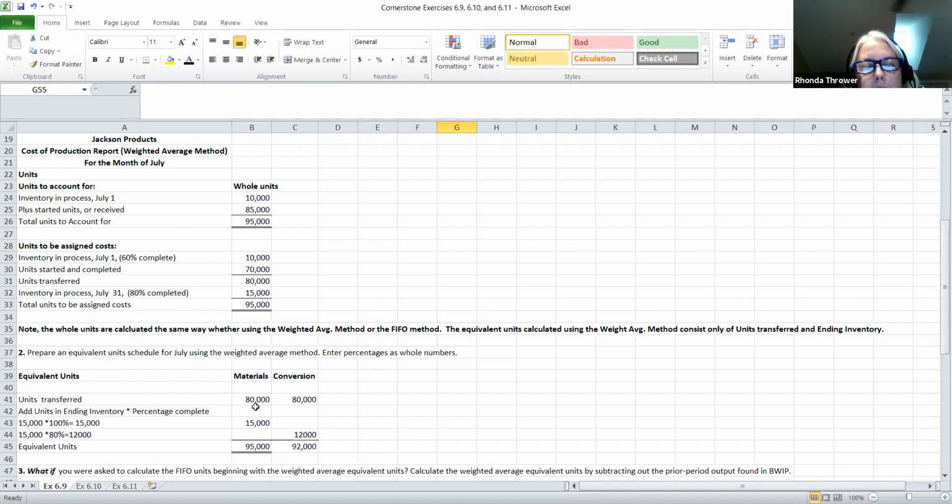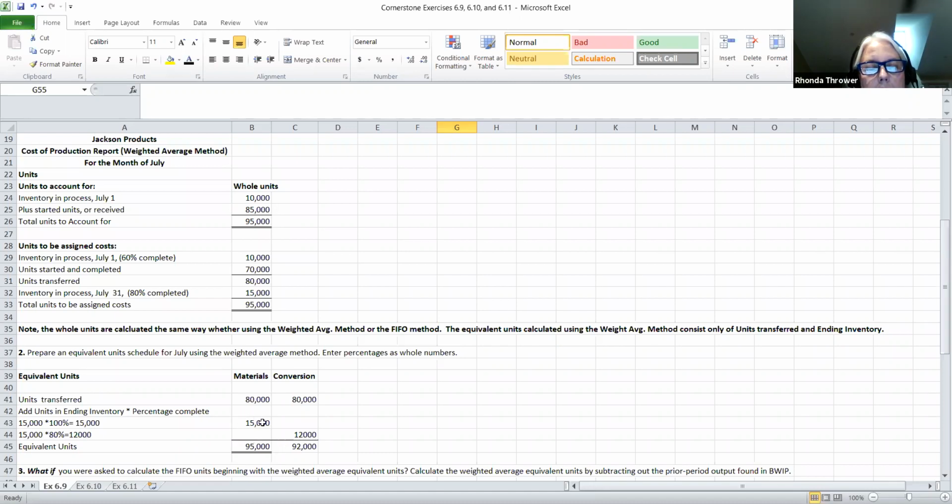When you transfer units out of work in process, the 80,000 units are finished with respect to materials, and they're also finished with respect to conversion. Our ending inventory units are finished with respect to materials, but they're not finished with respect to conversion cost.